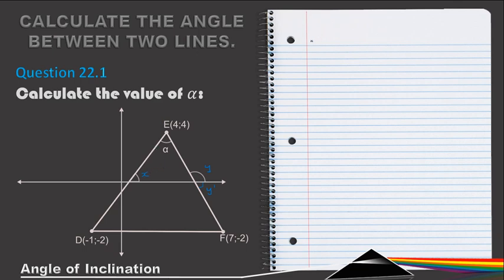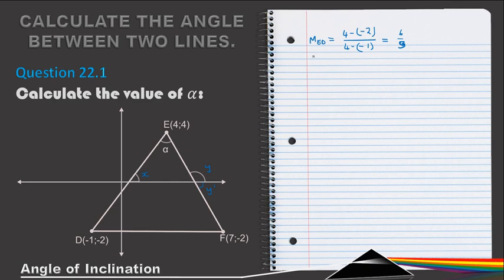And before we can find X, obviously, we need to find the gradient of ED, which is change of y over change of x. So 4 minus negative 2 over 4 minus negative 1. And that gives us 6 over 5, because this becomes 4 plus 2, and that becomes 4 plus 1.